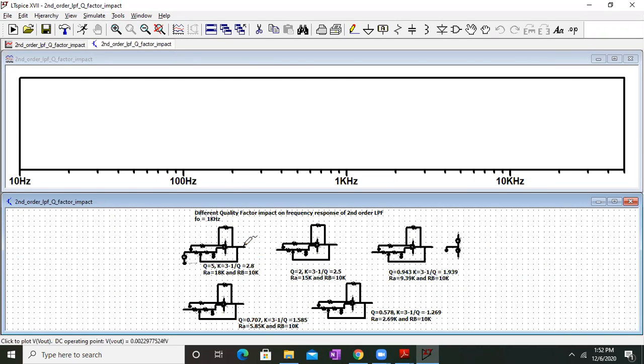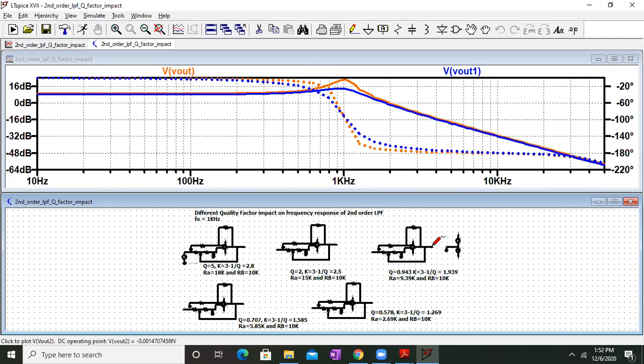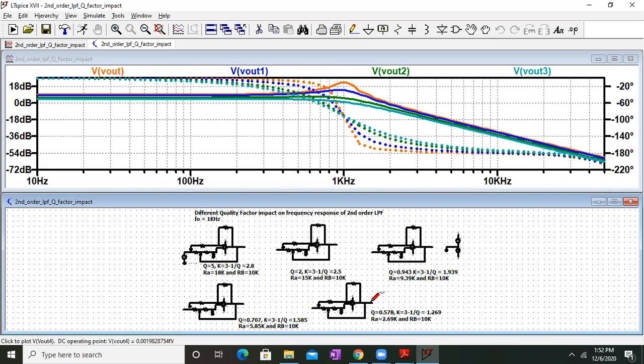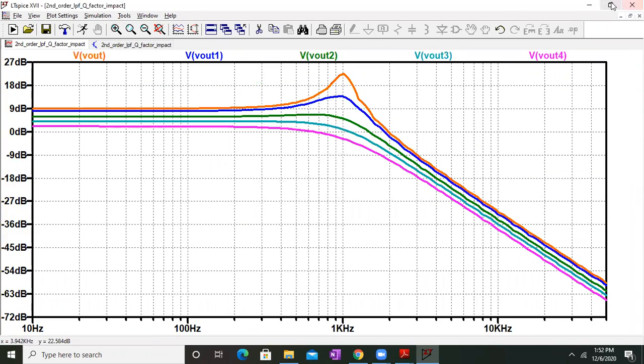So these are the frequency responses, for the third one, the Butterworth filter, in light blue color. These are the various responses for different types of filters.